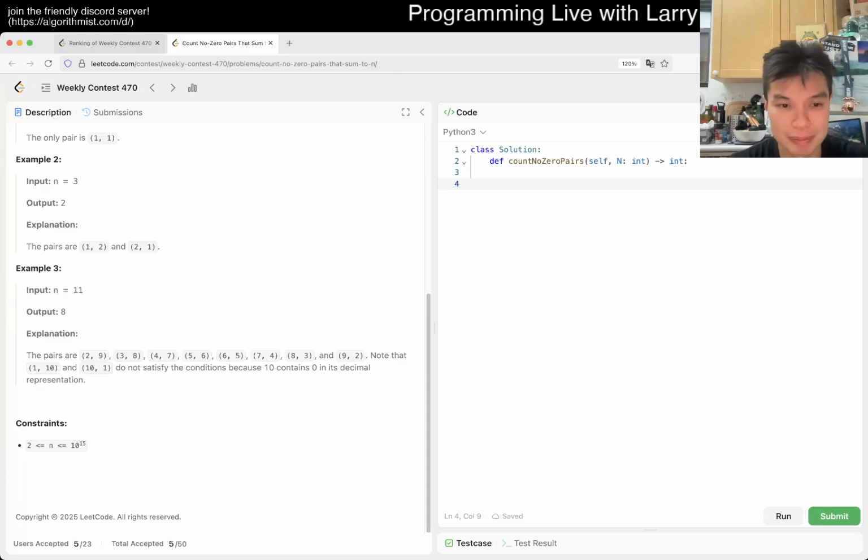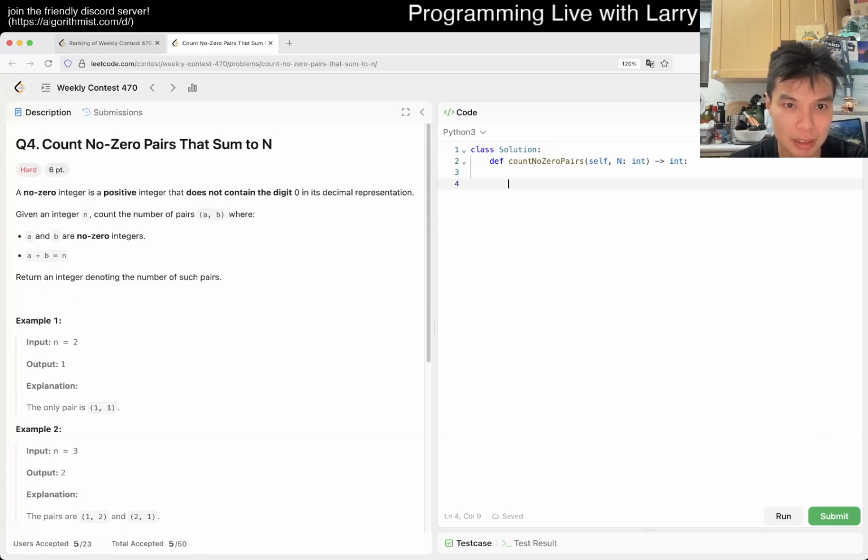Right? And 9 plus 1 is still... okay, if 0 is in... no, that's not true. I was going to say if 0 is in the thing, but no, it's the numbers themselves. So the sum can contain zeros. So okay, maybe it is digit DP. I confused myself a little bit.